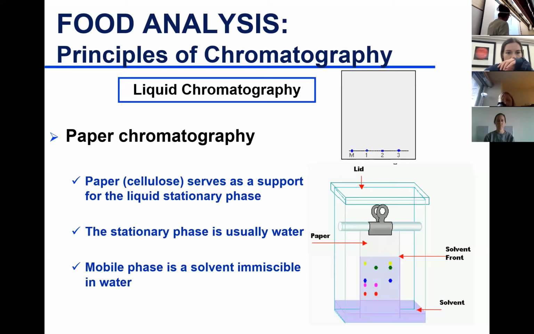Okay, and then you would put it in a chamber, we call it development chamber. And then in that chamber at the bottom there, you would have another liquid that is immiscible with water. So hexane, heptane, ethyl ether. So they're immiscible with water. In this case, you have a polar stationary phase and a nonpolar mobile phase, which makes your mode of separation normal phase.